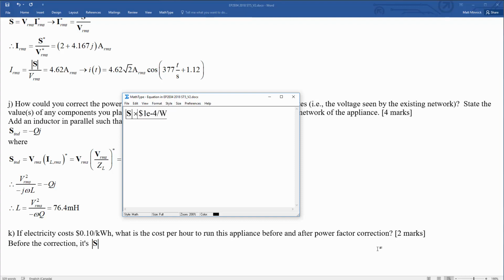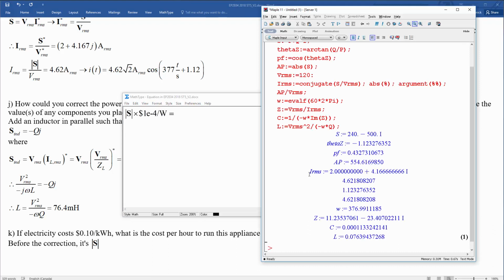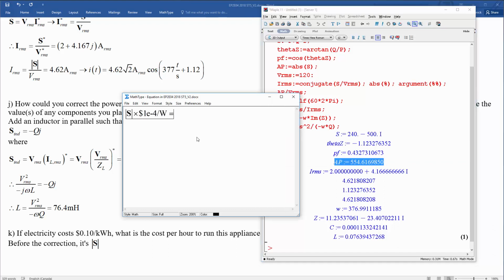It wasn't per kilowatt, so this would be the amount per watt. Okay, and the apparent power is 554.6, so we're going to get 554.6e-4, which is 0.05546. So 5.5 cents per hour.